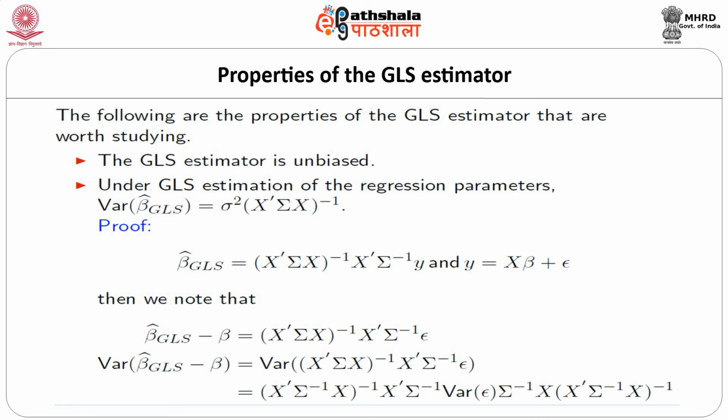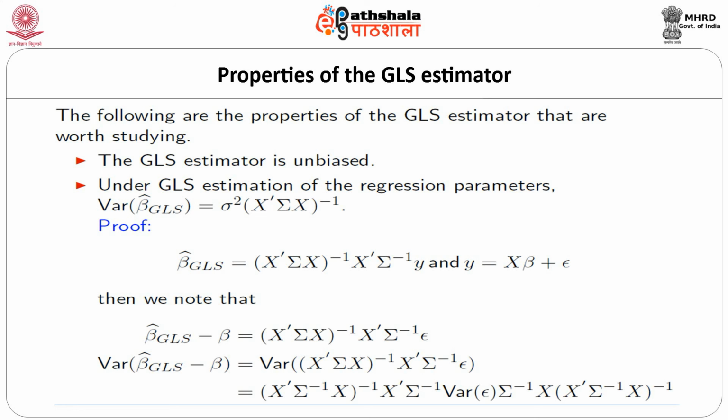Now, if we want to look at the proof of this property, we know that beta hat GLS equals x prime capital sigma inverse x whole inverse times x prime capital sigma inverse y, and y equals x beta plus epsilon. In this expression of beta hat GLS, if we replace y by x beta plus epsilon, we will see that beta hat GLS minus beta equals x prime sigma inverse x whole inverse x prime sigma inverse epsilon, and we know that the variance of epsilon is capital sigma.